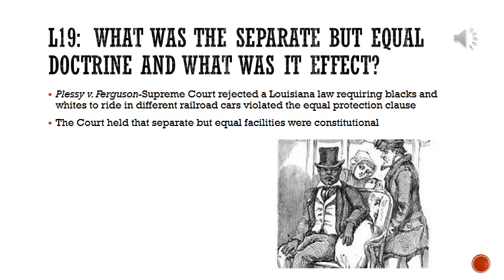So the Supreme Court is going to uphold a Louisiana law requiring blacks and whites to ride in different rail cars. Plessy is going to say, well, hey, I was denied my equal protection under the 14th Amendment. The Supreme Court is going to say, well, understand that there is no ethical debate.